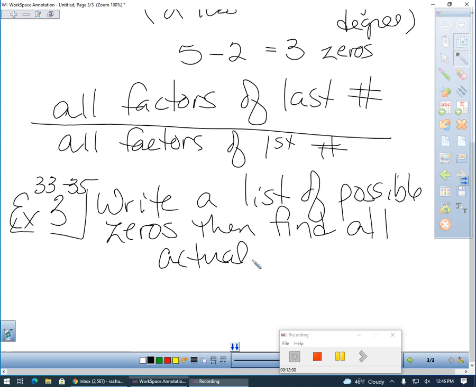So today we're not finding all of the zeros. We're just finding the actual from the list we're making. Okay, you guys understand the difference? So out of the possible ones, we're just figuring which ones are zeros out of our possibles.